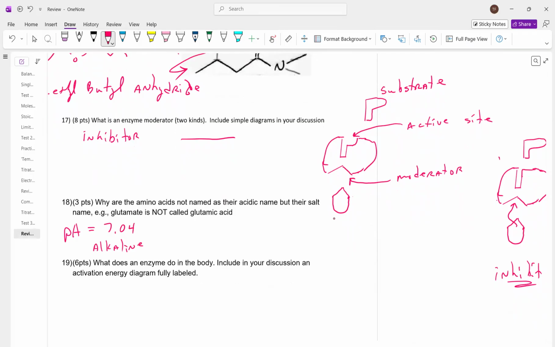So it exists as the acid salt. So instead of glutamic acid, it's glutamate. So that's the acid salt, glutamate. And this is the acid. Now in your stomach, the amino acids are all named acids because that's an acidic environment. Outside the stomach, it's all slightly alkaline, so everything is in the salt version.